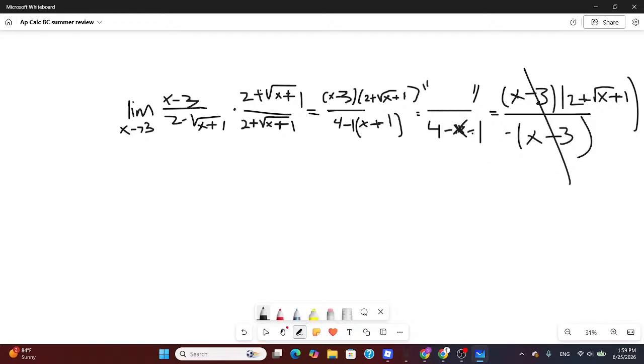Because look, the 4 and the 1, they're the common factors. And 4 minus 1 is 3. But then you take out a negative, it becomes negative parentheses x minus 3. So that's how I got that in the bottom.